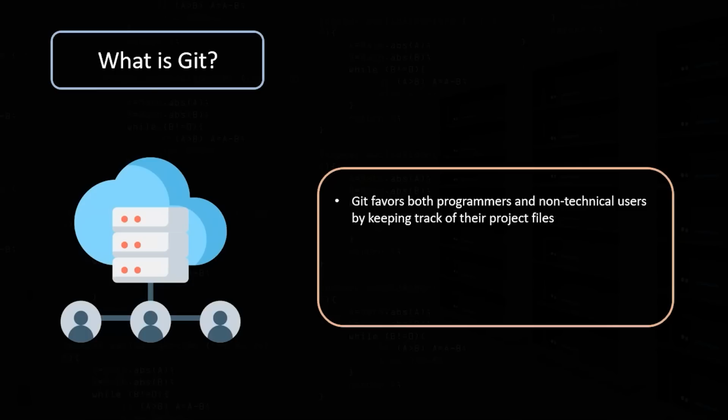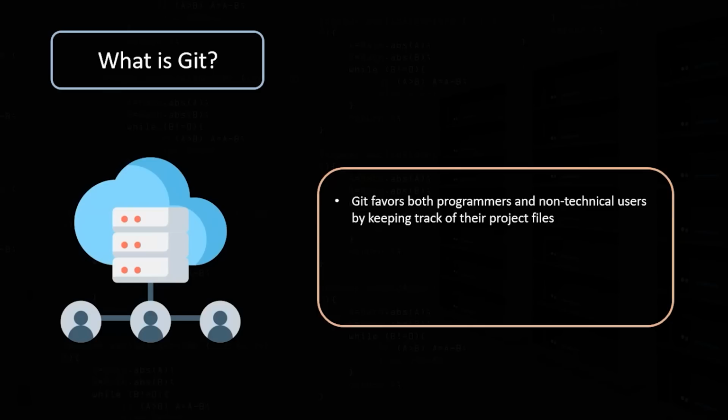Best example, a DevOps engineer can also use these repositories to store their scripts: Python scripts, shell scripts, configuration management tool scripts, any kind of automation scripts. They can make use of this version control system.